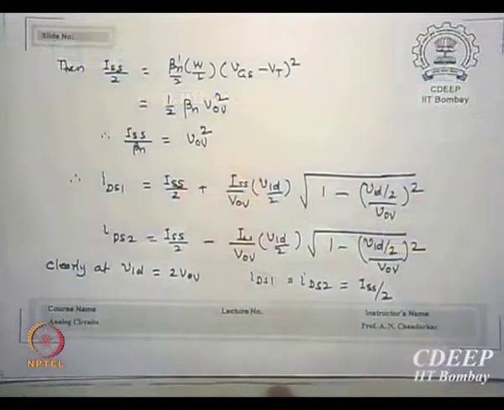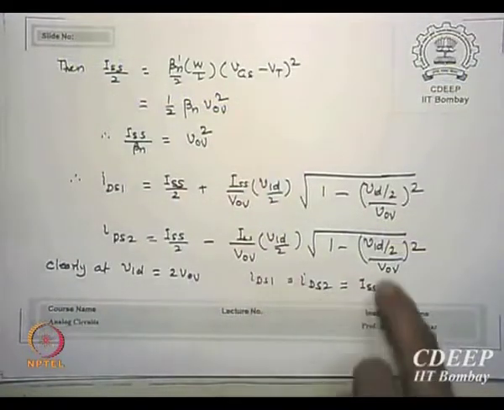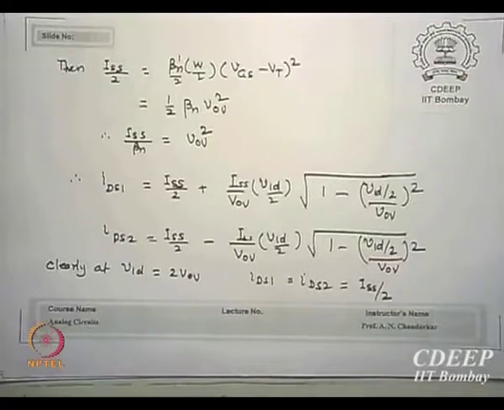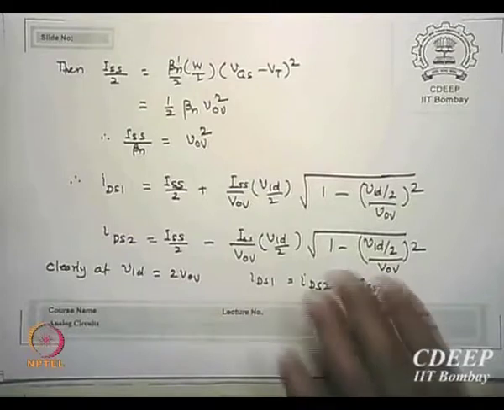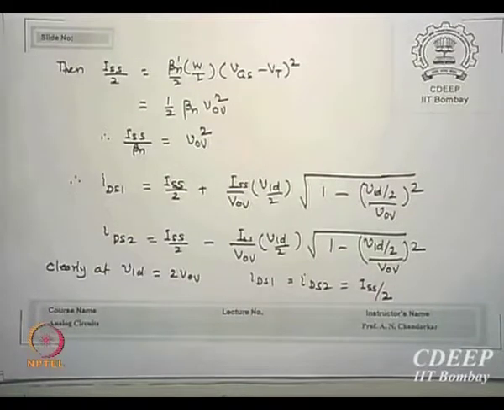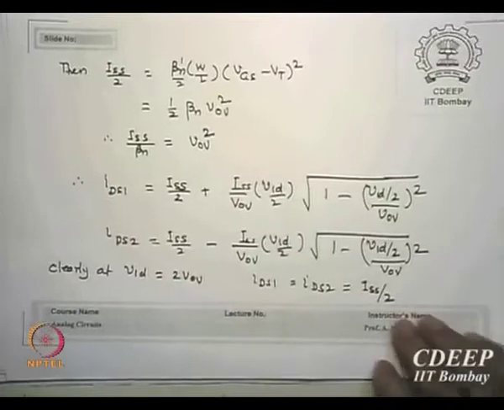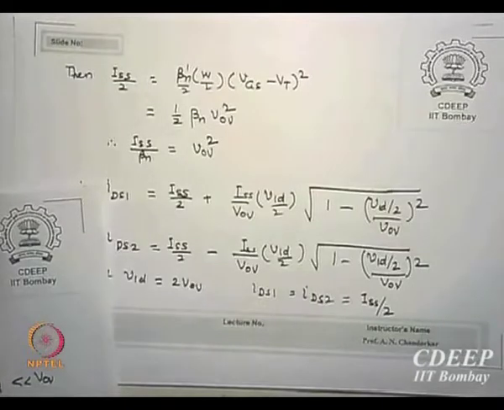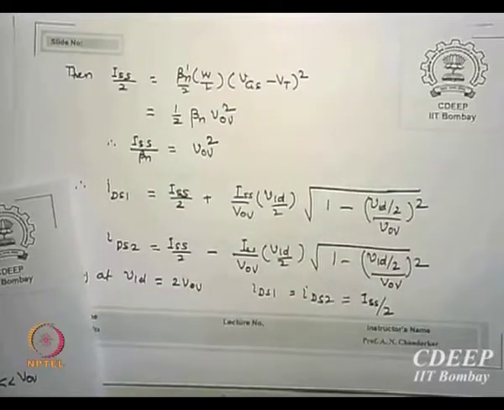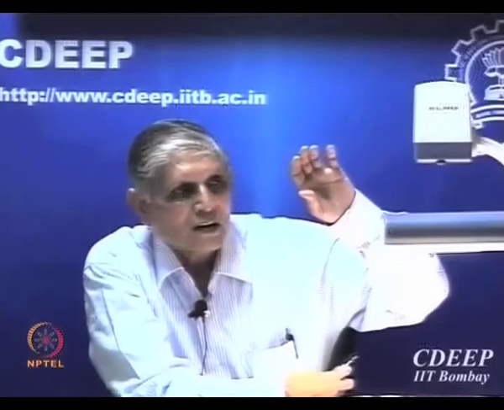So if I now say, by these conditions, earlier we said VID is 0, but even when VID by 2 is VOV, IDS1 and IDS2 relate to ISS by 2, that means even if VID is equal to VOV, DC currents will still flow. Now in case VID by 2 is much smaller than VOV, that is capital VGS minus VT, please remember capital VGS minus VT is the DC value, is that clear?